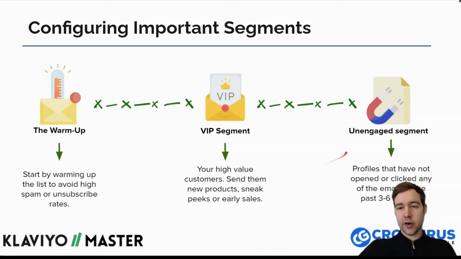And then we have our trash, unengaged segments. And these are the ones that haven't engaged much. And it's an important one nevertheless, because this is profiles that we are looking to get rid of if they don't engage with us anymore. So you could think of it as the opposite of VIP segments. So here, again, like warming up, initial segment, like the ones that are likely to engage.